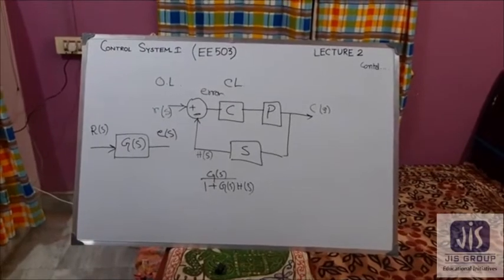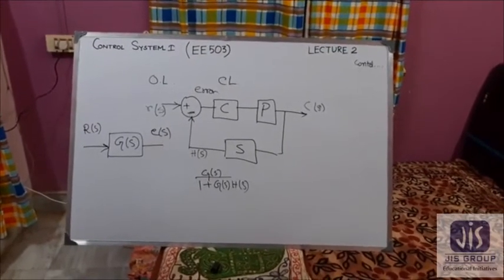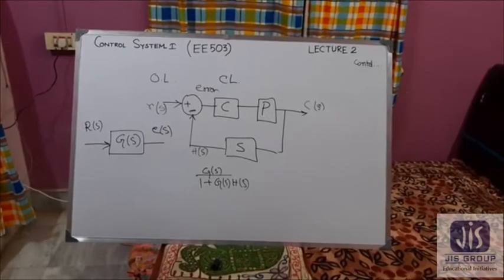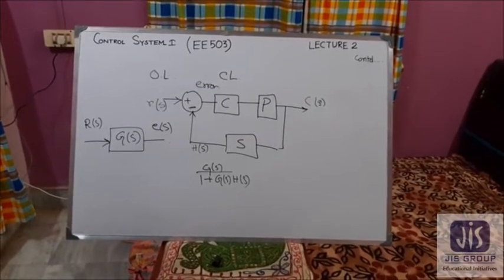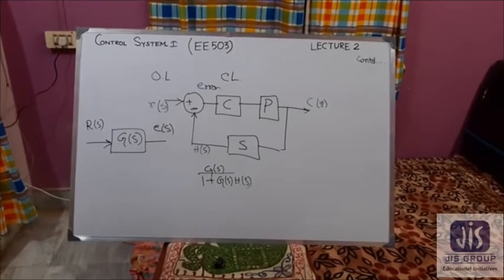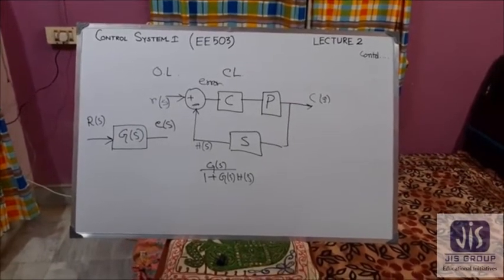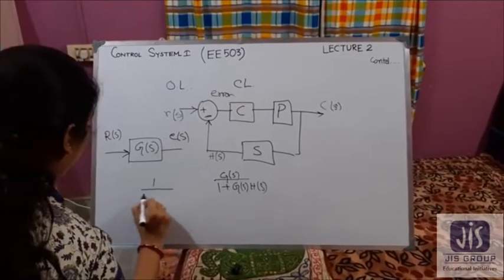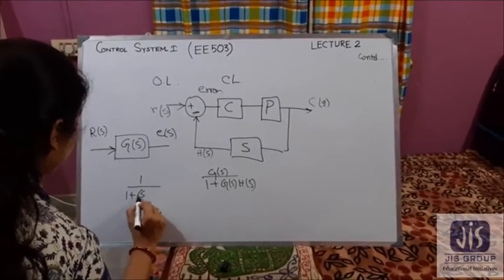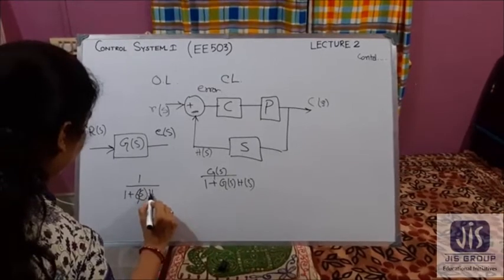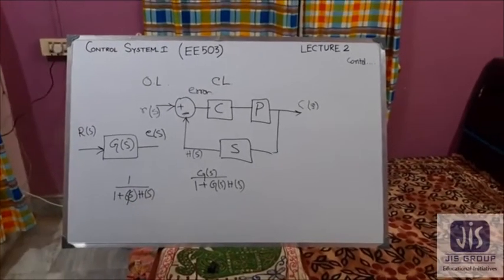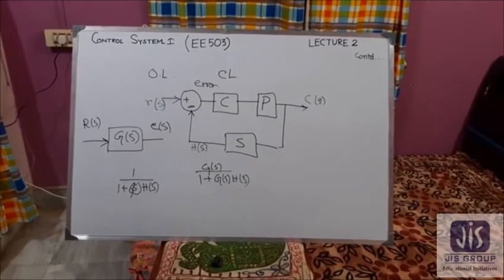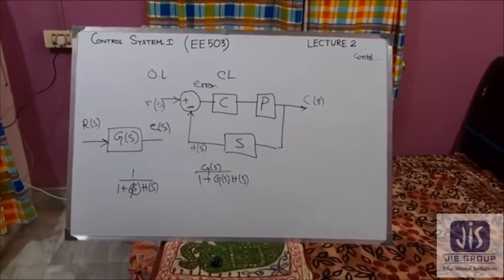So if we consider negative feedback, the denominator becomes 1 plus, and if we use positive feedback, the denominator becomes 1 minus G(s)H(s). So for negative feedback, the gain is reduced by the factor 1 by 1 plus G(s)H(s). So actually, due to the feedback, the overall gain gets reduced.